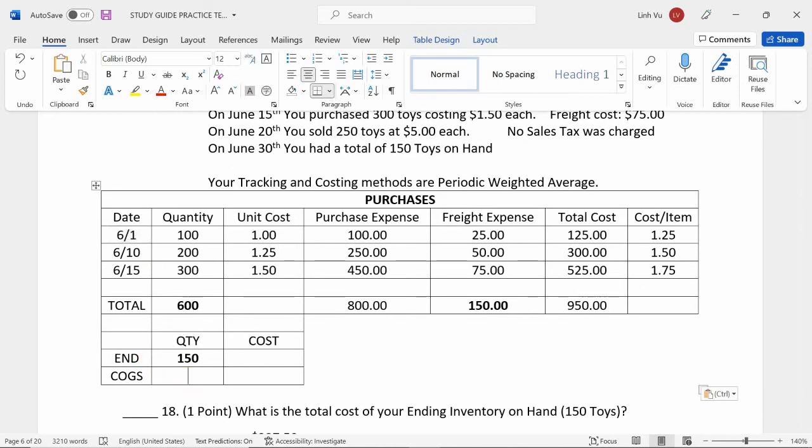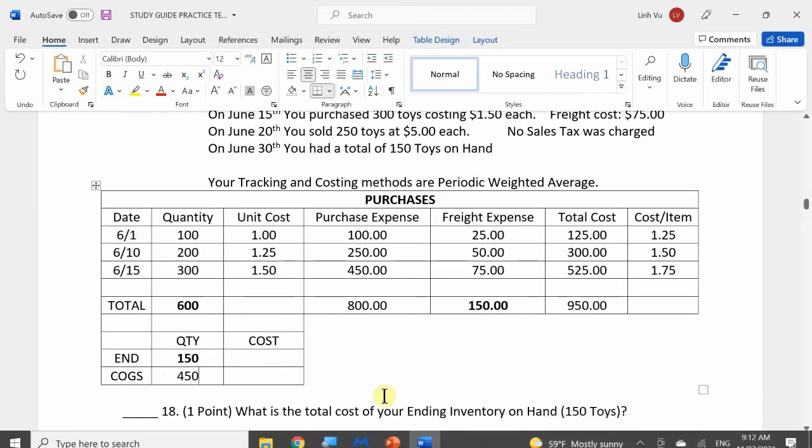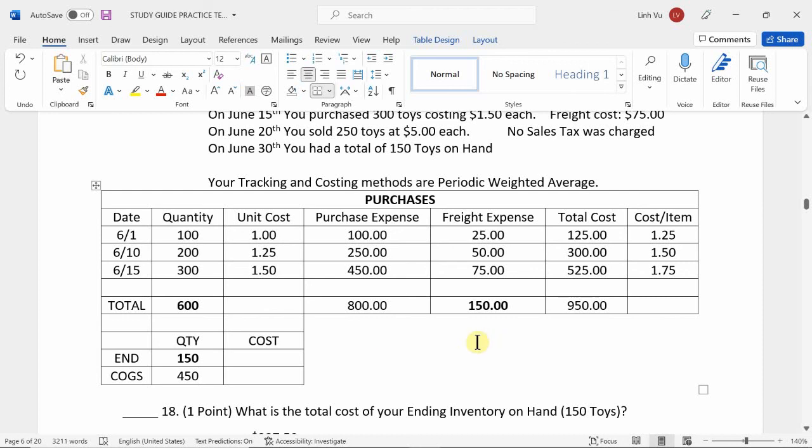All right, 450. Now, in this case, how do I figure out my total average cost per item? You add them all up and divide it by the number of items. Good. So what's my total cost going to be? And then what's my total quantity? Total, 600.